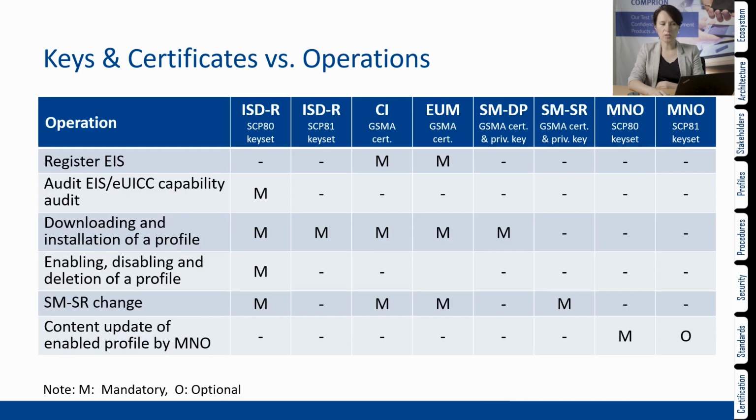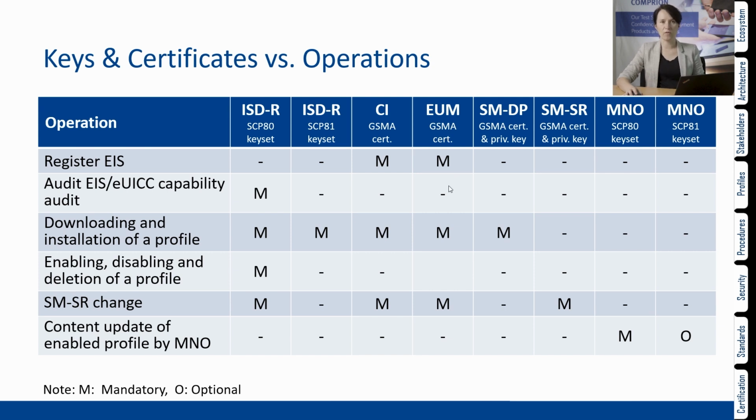Let's take a closer look at the keys and certificates and try to assign them to specific operations. For the registering of the EUICC information set, what is used? The GSMA CI certificate is mandatory, and the EUM certificate.